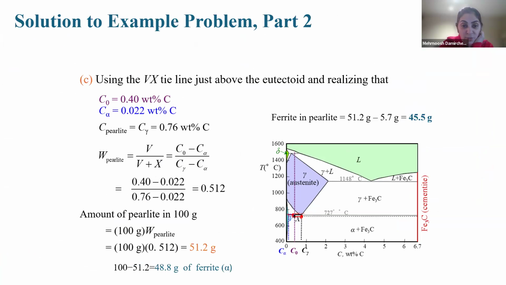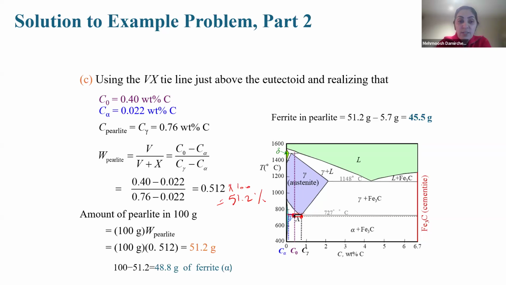The side far from that is V, so V over V plus X. Substituting here, it should be 0.512. If we want the percent, multiply by 100, it should be 51.2%. What's the amount of the perlite? 100 times this should be 51 grams of perlite.